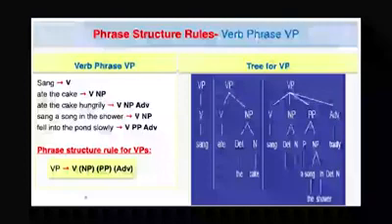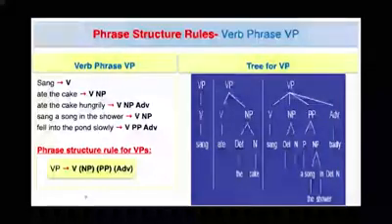The rule we can make about verb phrases is that they must have an obligatory head, which is the verb, but all the other constituents are optional. We can have a noun phrase, a prepositional phrase, and also an adverb.